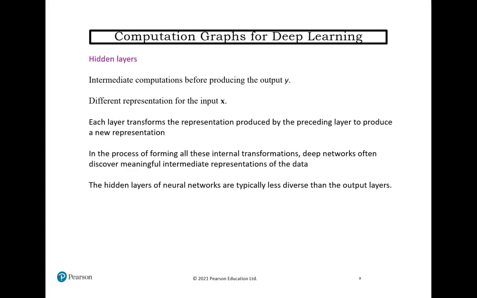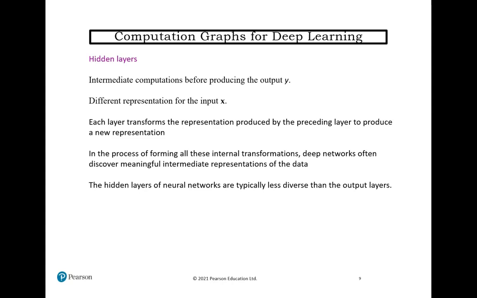Now, the key here is the hidden layers. Everything between the input layer and the output layer is called the hidden layers. Each layer takes its input and produces a new representation of that input as its output.